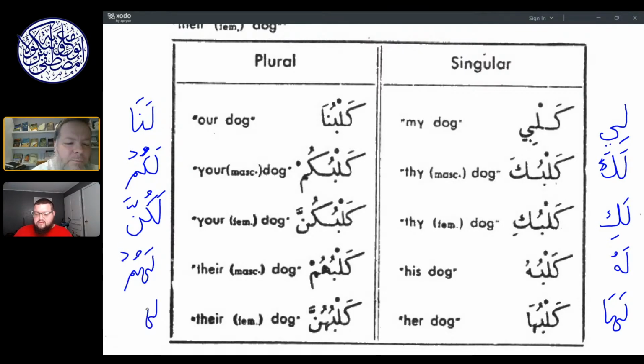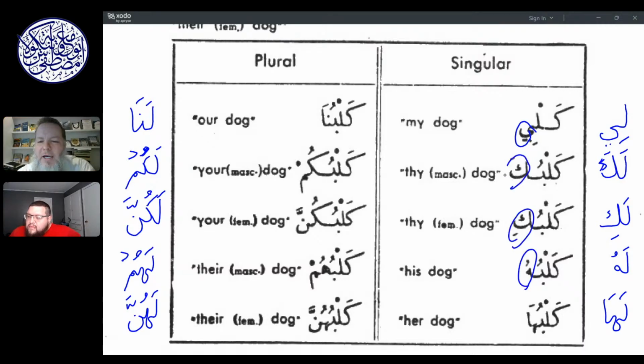Okay, if you notice on our chart, the endings of all of these words are the same. Li, kelbi, e, kelbuka, laka, laki, kelbuki, lahu, kelbuhu. This who: ki, ka, ha, na, kum, kunna, hum, hunna, they're all the same.